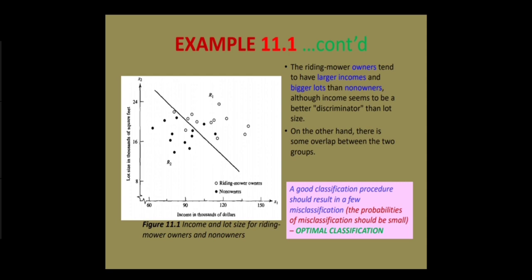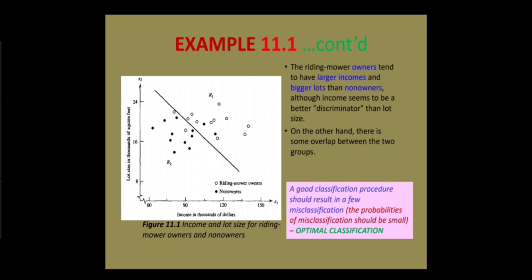Okay, we can see that the riding mower owners tend to have larger income than non-owners. Okay, owners, which are the clear dots here, tend to have larger income.